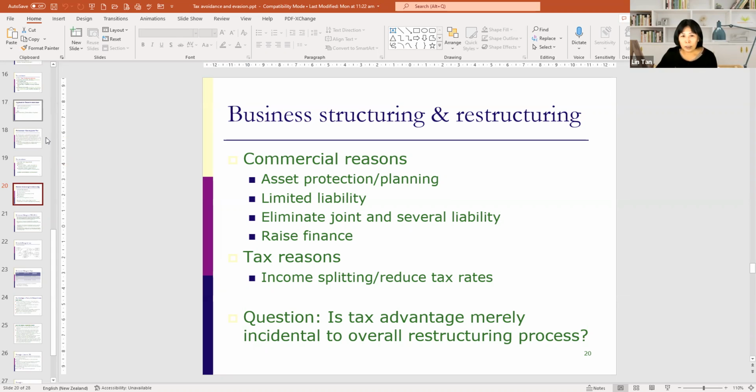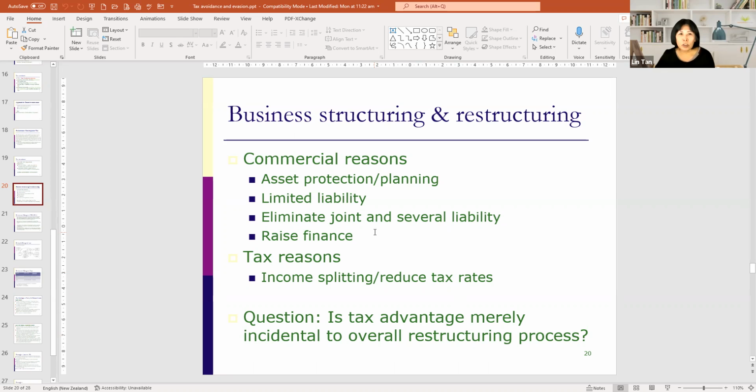And if they manage to split income because it is incidental, then it will not be considered a tax avoidance arrangement. Or if they manage to reduce their tax because they use a corporate structure, and the corporate tax rate is 28%, whereas as an individual they're already at 39%.